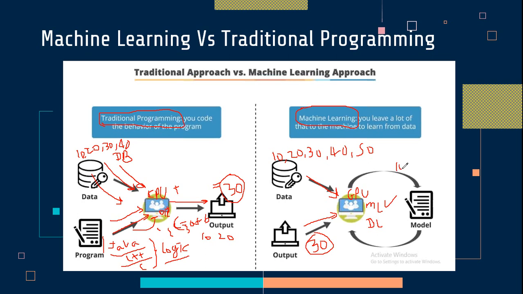The first option is to add 10 plus 20, or you can directly select the 30, or 50 minus 20, the output is 30, or 40 minus 10, it is also 30. Okay, so these are the options.